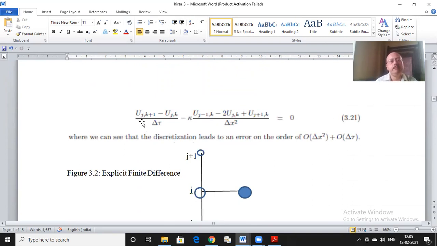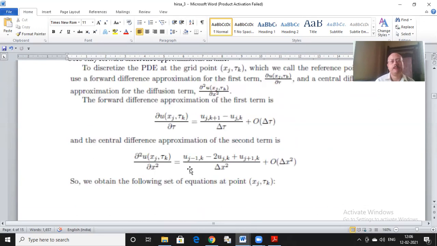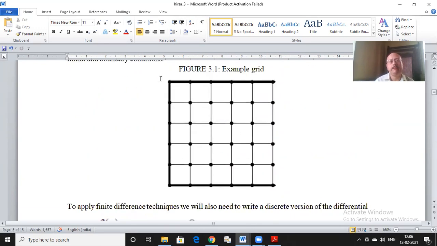And remember that I'm using capital U because I may not know the exact function values at those points. As U is an unknown function, I will not be knowing them everywhere. So I use the capital U. Because remember that small u are the true values which are known only at the boundaries.